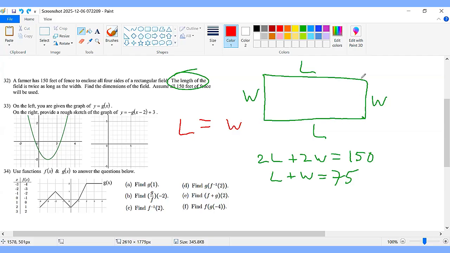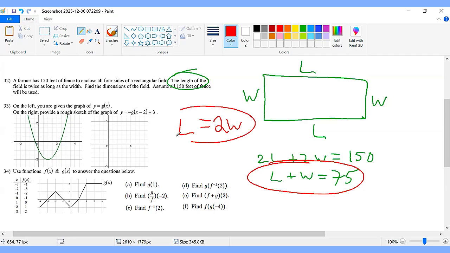So it is true that if I were to double the width, that would equal the length. That is a true fact. So that creates another equation. I have this equation here, and I have this equation here. It's basically a system of equations like the one we just solved. So I have 2 equations.